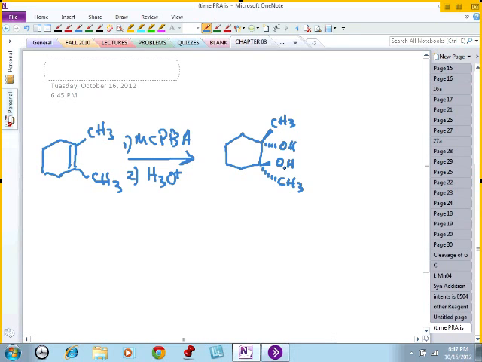Okay, so now we have given you two methods for hydroxylation. This is also a process of hydroxylation. So if I ask you what is hydroxylation? Adding two hydroxy groups across a carbon-carbon double bond. That is hydroxylation. Okay? Yes.